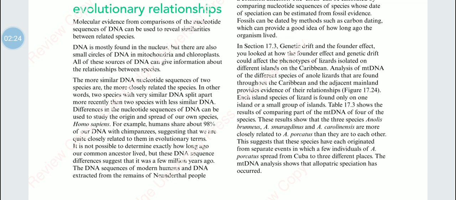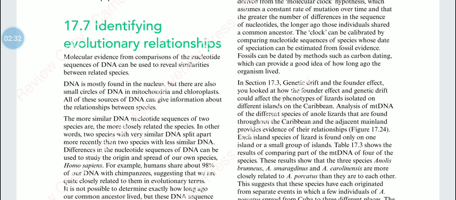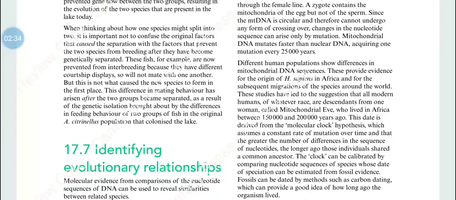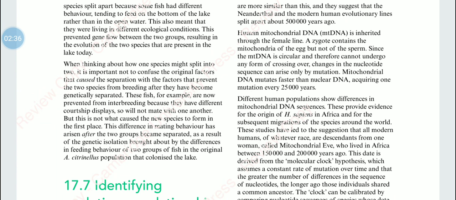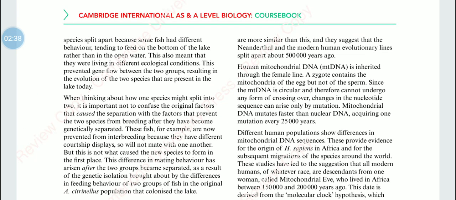It's highly likely that it was at least a few million years. But when you compare the DNA of modern humans with Neanderthal DNA, we see that the separation from Neanderthals must have taken place about 500,000 years ago.